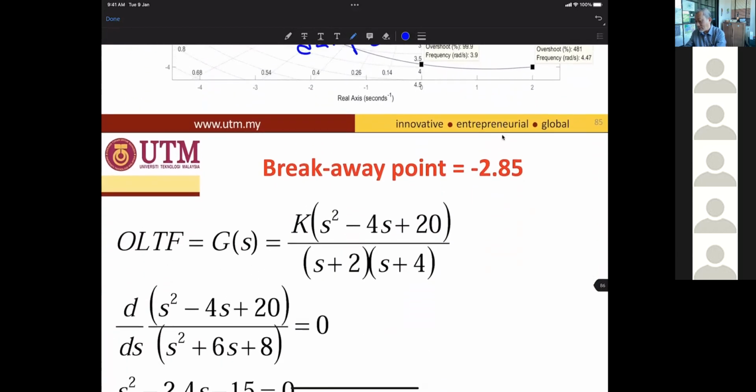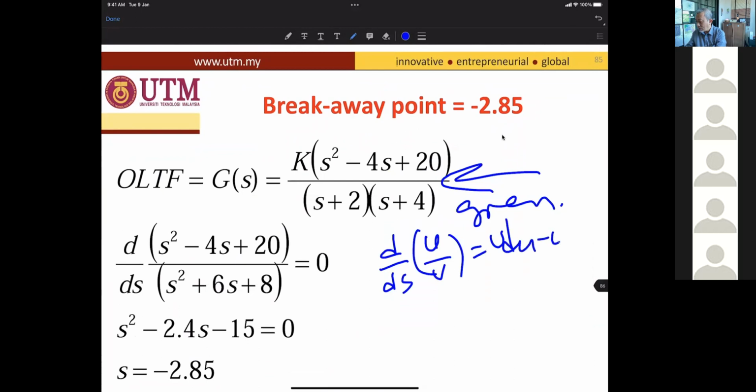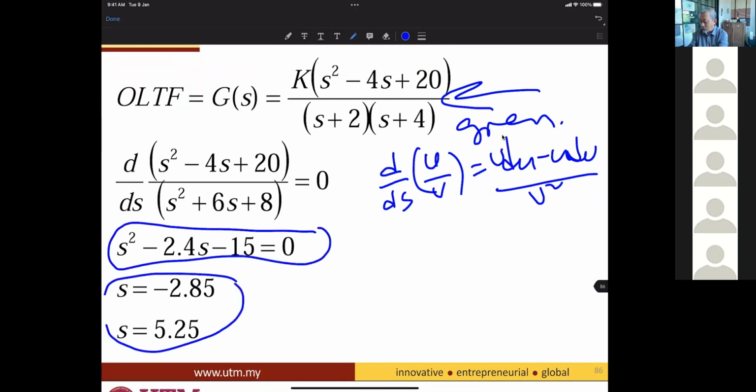So just find the open loop transfer function which is given and then differentiate, using the u over v concept: v du minus u dv over v squared. Then you get this quadratic equation, and then you have two points. As usual, 2 points.